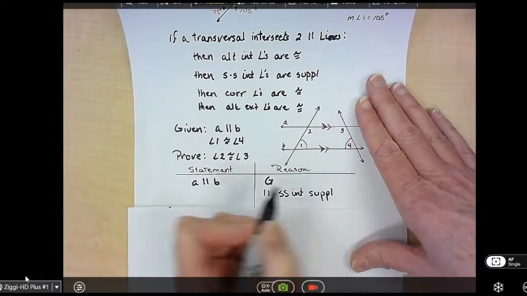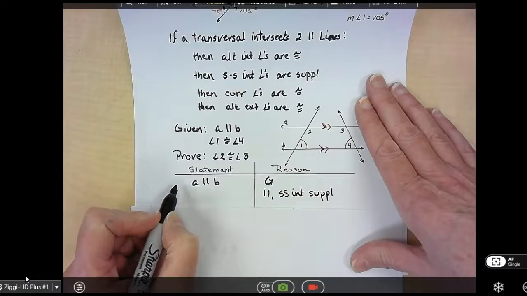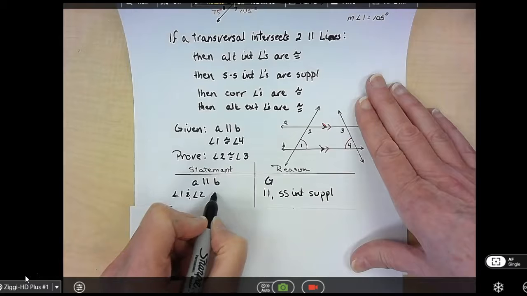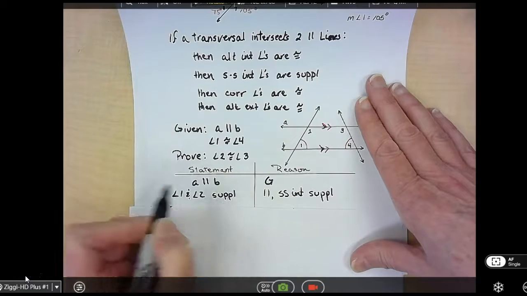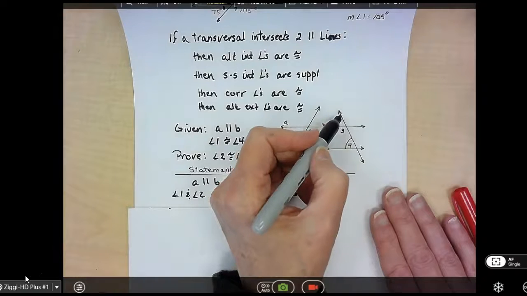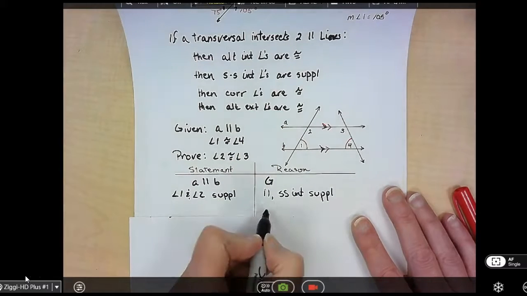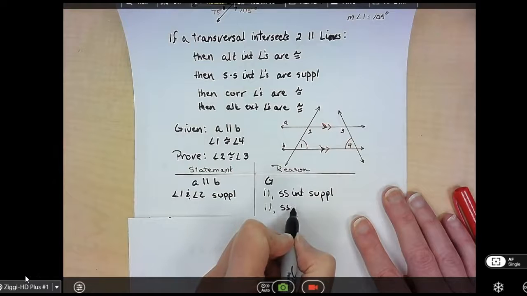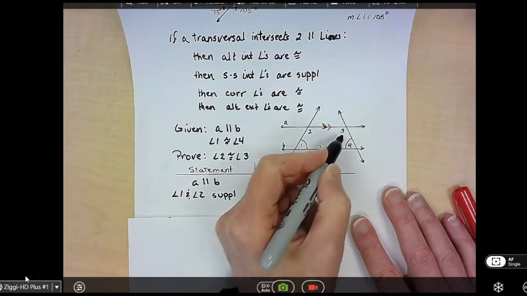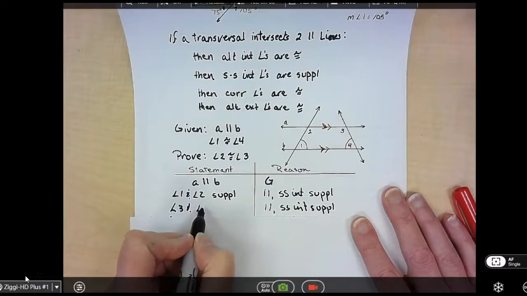We can abbreviate it. So angle 1 and angle 2 are supplementary. If I look at my other transversal over here, when the lines are parallel, same side interior supplementary, and my angle 3 and 4 are supplementary to each other.